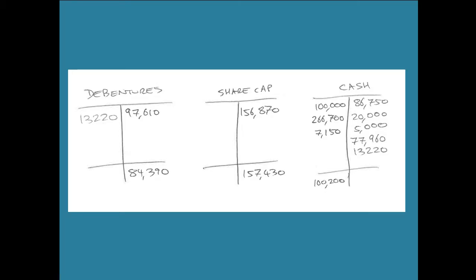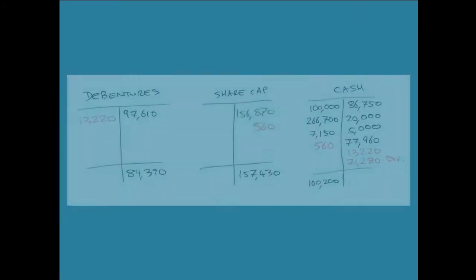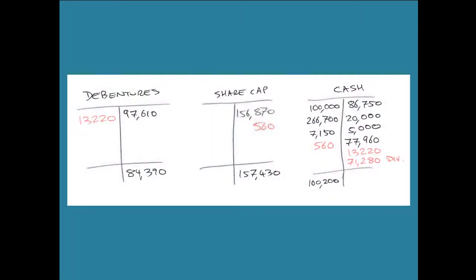And when we look at shares, and this is a ridiculously small number. I don't know, it's not realistic. But shares have moved from 156,870 and have ended up at 157,430. So we can see share capital has increased a very, very small amount. No other information exists about them.